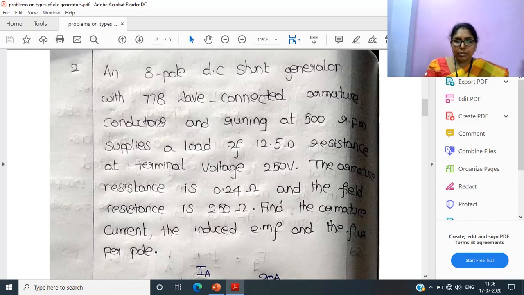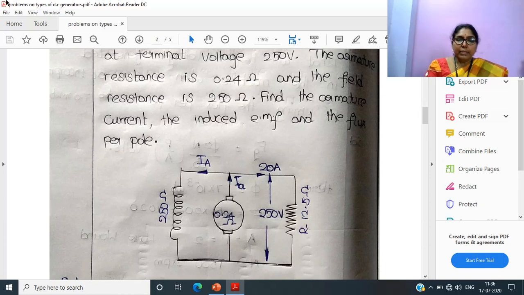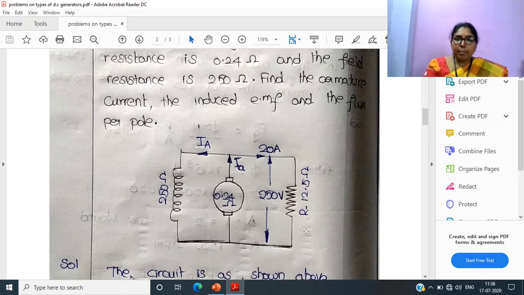The armature resistance is 0.24 ohms and the field resistance is 250 ohms. Find the armature current, induced EMF and the flux per pole. Now, let me draw this circuit diagram first. The given problem is based on a shunt generator, so I am drawing the circuit diagram concerned with the shunt generator.